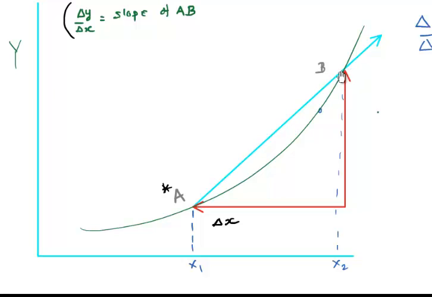Now let's see what it means if we move point B on the curve. Let's try to understand what happens to delta x.